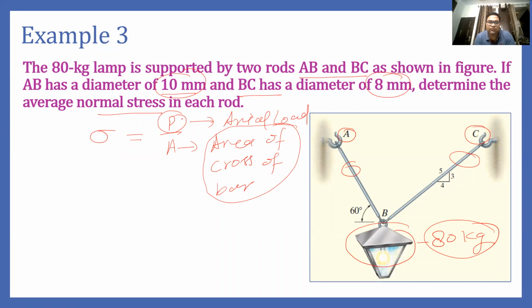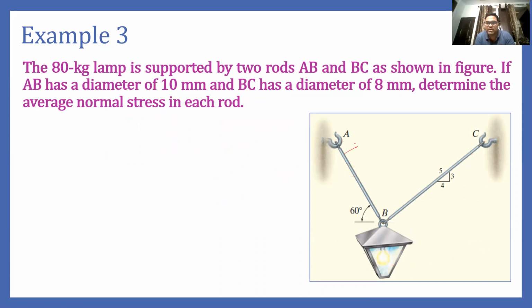Now here we need to find out the axial load because the axial load is not given. How much load are these bars experiencing? We need to find out how much load these bars are carrying. So first of all, we will make the free body diagram of the whole system.